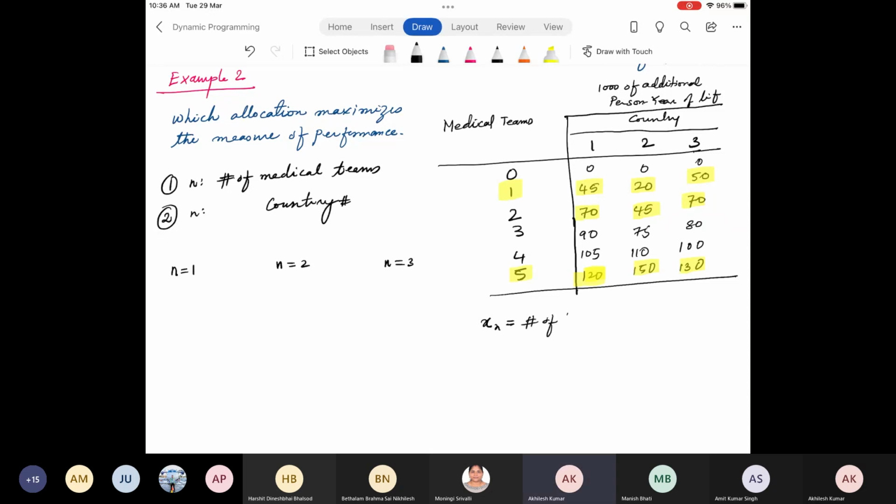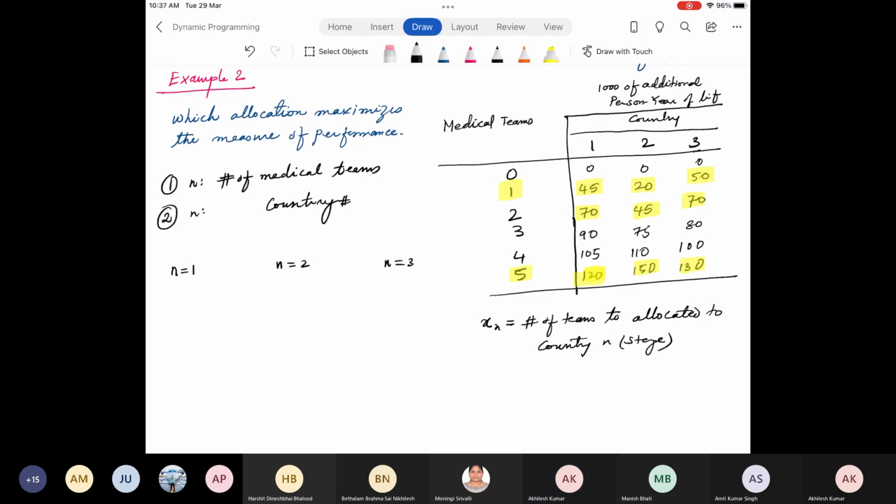Number of teams to allocate to country n, which is also my stage. So when I say x1 equals to 2, what does that mean? For the first country, 2 teams. X1 equals to 2 means I have allocated 2 teams to country 1, right?